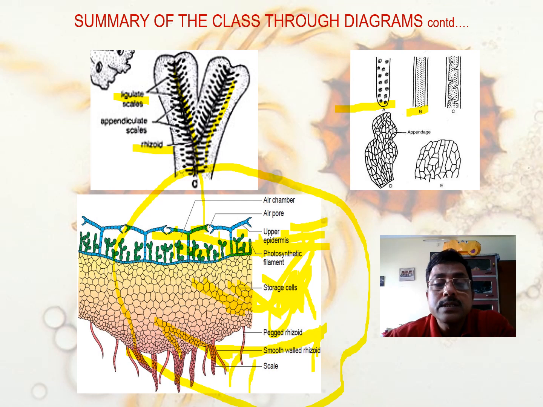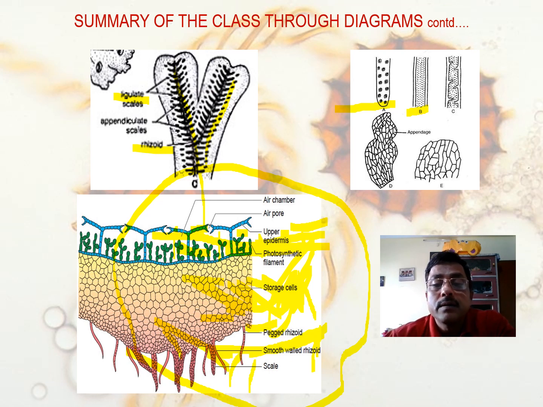The cells mainly store starch as the reserve food material, but some cells may also store some fatty substances like oil bodies and some mucilaginous substances here and there. So these cells mainly store food materials for the complete thallus.